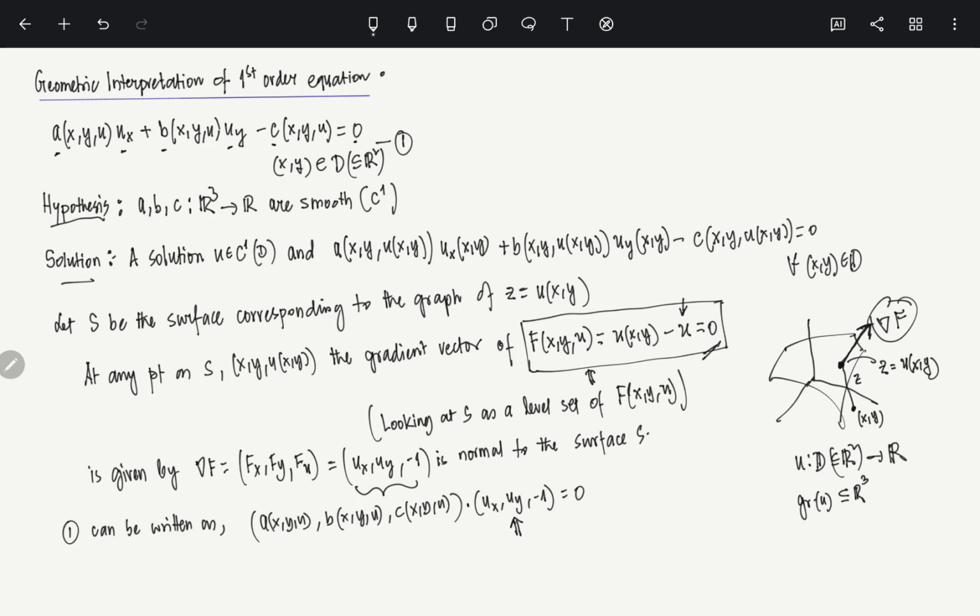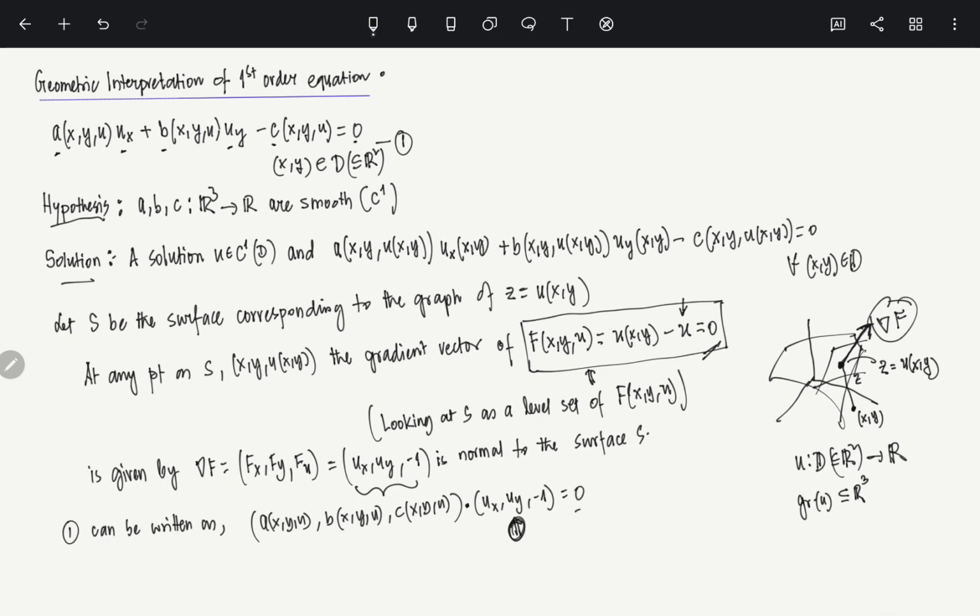Now, the gradient vector is given here by ux, uy and minus 1, and the equation which we have in our hand can be written like this: the field ABC dot product with this normal vector. Essentially, if you look at the tangent plane at this point, the field ABC must lie on the tangent plane.